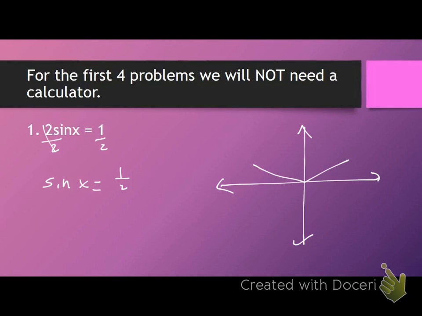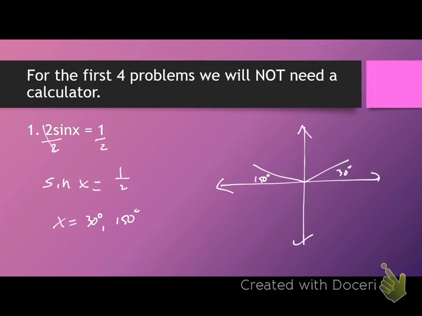Well, where is sine 1/2? Well, 30 degrees is one place where sine is 1/2. If you look at your unit circle, you're going to find that 150 is also a place where sine is 1/2. So which one is our solution? They actually both are.